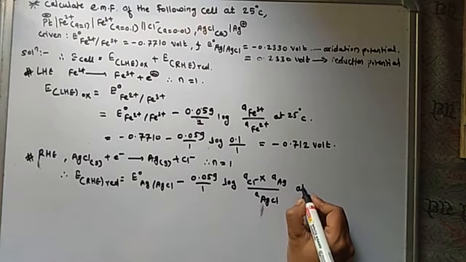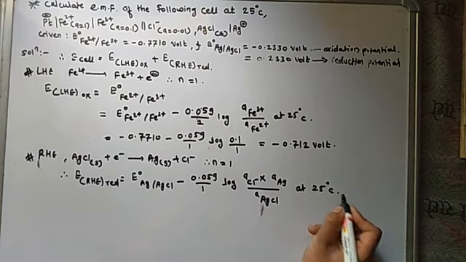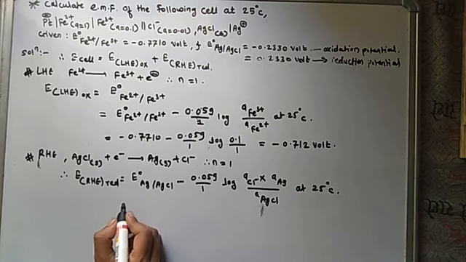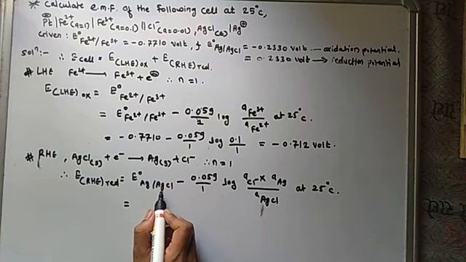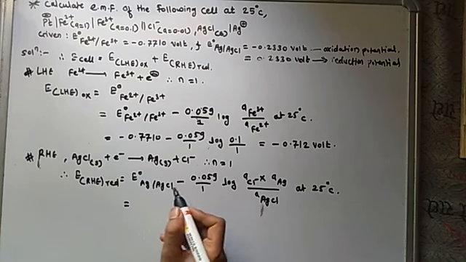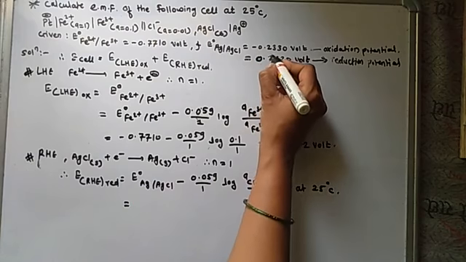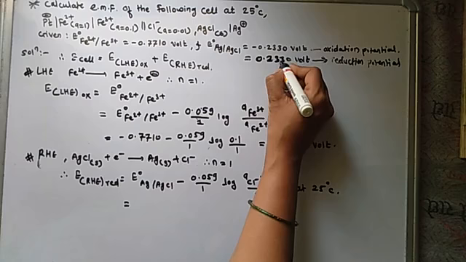at 25 degrees Celsius. Then putting the values in this Nernst equation, the E standard of Ag/AgCl for reduction potential we calculate as 0.2330 volt.